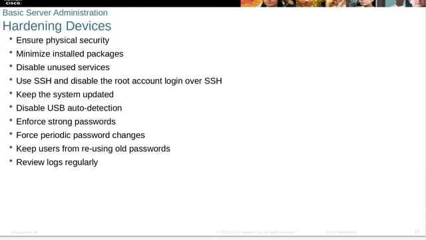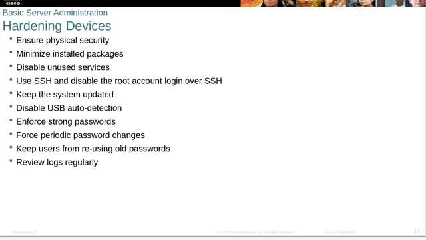Hardening devices, we need to make sure that we ensure physical security. The devices should be locked in a rack in a secure server room. We need to minimize the installed packages. Every package you install, especially network capable packages, is another backdoor into the system. Disable any unused services. Use SSH and disable the root login, so that you can't log in as the root user over SSH.